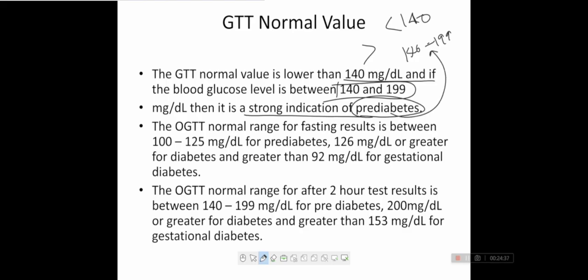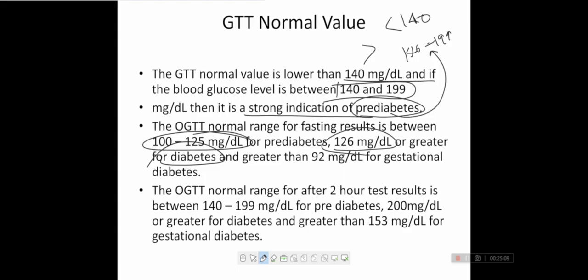For the OGTT, the oral glucose tolerance test, the normal range for the fasting result is 100 to 125 mg per dl for pre-diabetes, and 126 or greater for diabetes. If more than 126, the person has diabetes, and greater than 92 means gestational diabetes.